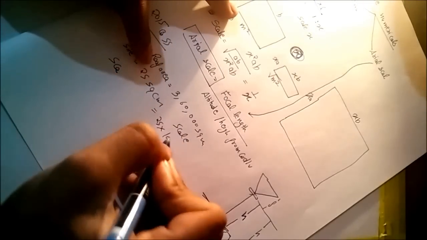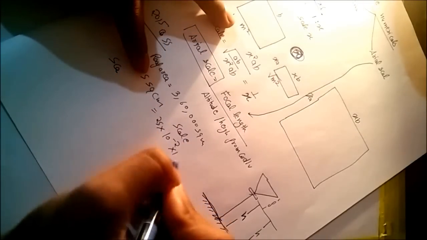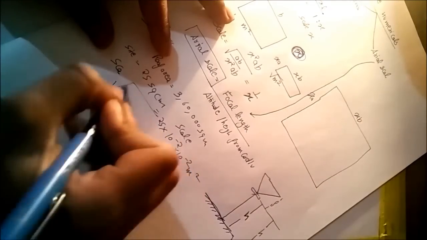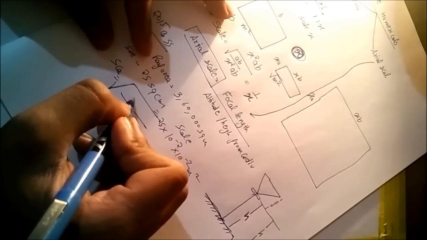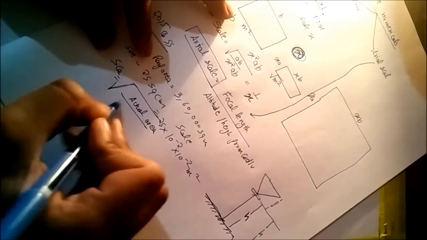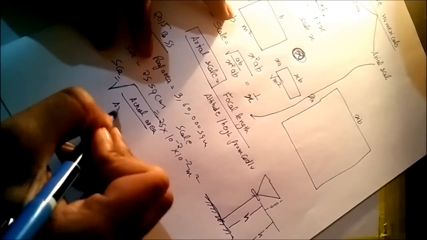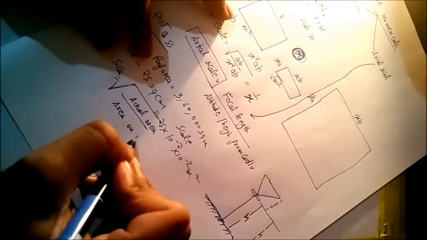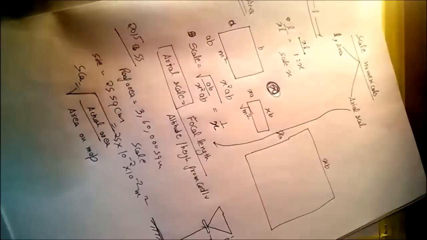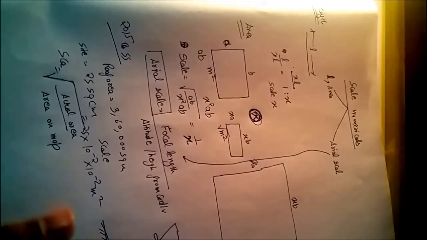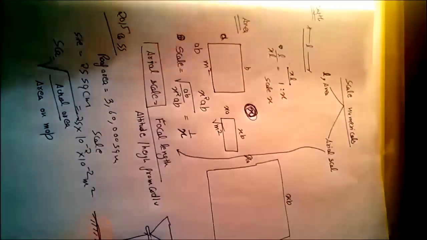Now it's just a simple scale: make it 25 into 10 raised to power minus 2 into 10 raised to power minus 2 meter square, and just divide it and root it. You will get the scale. Actual area upon area on map. This is from the scale.